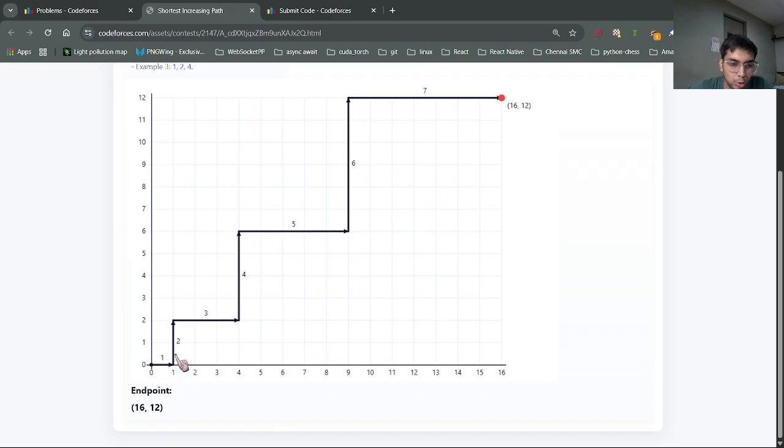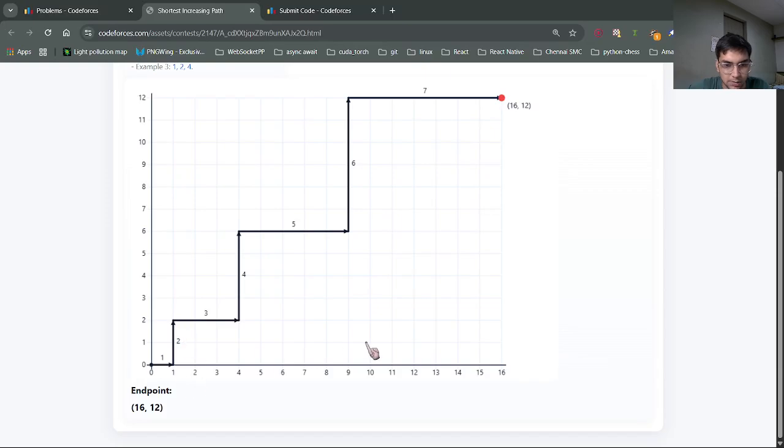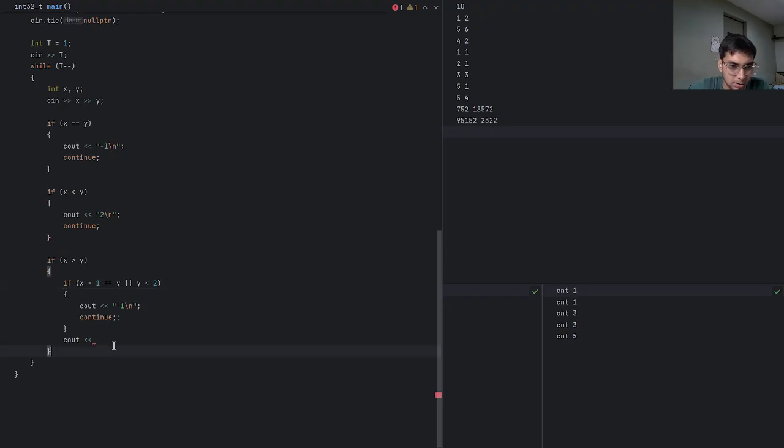Okay, so basically if y is less than 2, if this happens, or y is less than 2, yeah, okay, so if it's here, or if it's here, then same, right? 1, 2, and then 3. You can get it in 3.